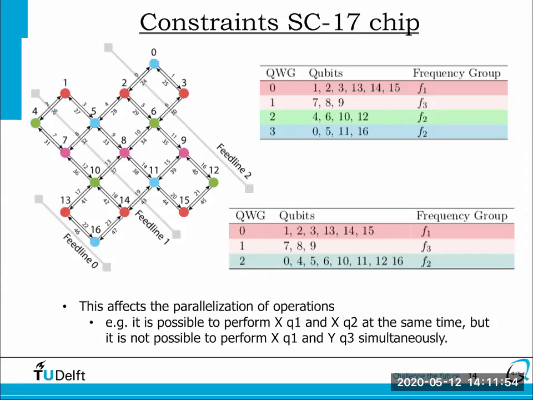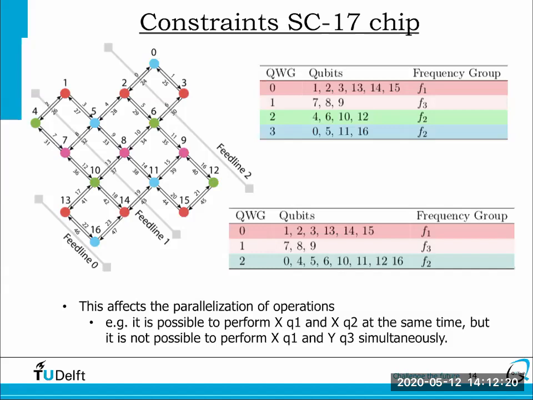However, in this case, I'm using 4 different AWGs for controlling them. That means that, for instance, I can do an operation in parallel between qubit 4 and qubit 0. In other words, I can do an X on qubit 4 and at the same time a Z or a Y on qubit 0, because I'm using different AWGs for controlling qubits in spite of using the same frequency.